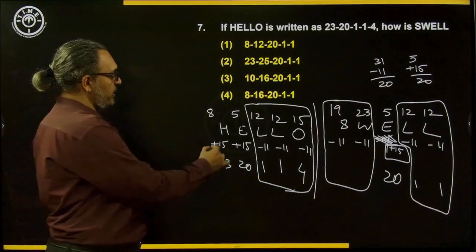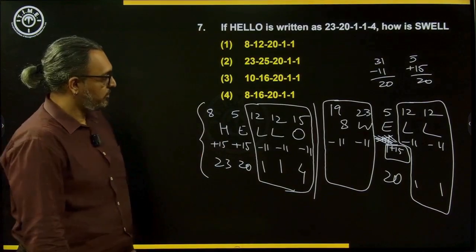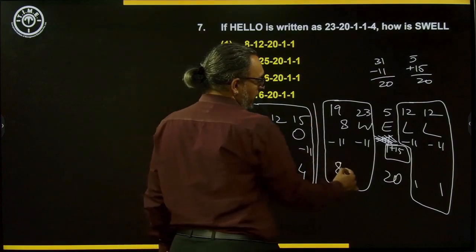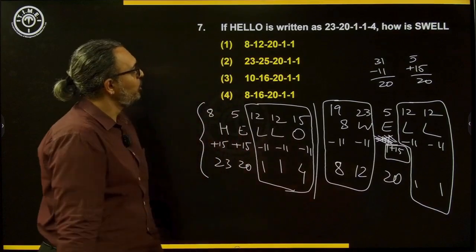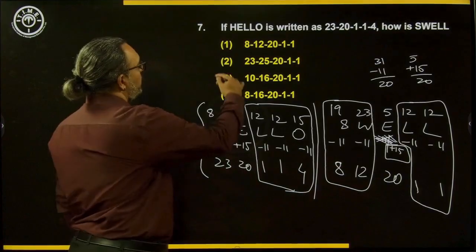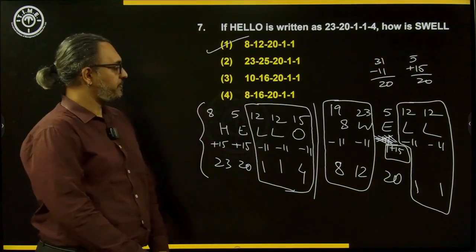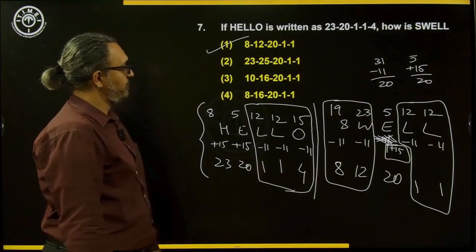And for single digit numbers, he is doing plus 50. That is the logic. So if I do minus 11, you get 8. And if I do minus 11, you get 12. So 8, 12, 20, 1, 1. And that's available in the first option. That is the logic.